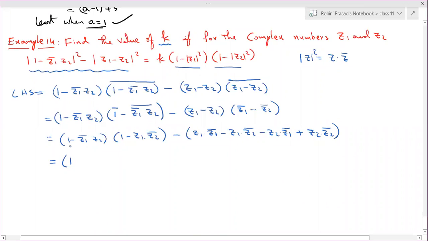1 into 1 is 1, minus Z1 into Z2 bar minus Z1 bar into Z2 plus Z1 bar into Z1, Z2 bar into Z2. Minus, this is mod Z1 square.